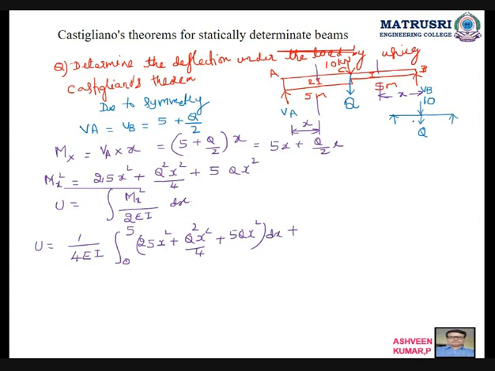Plus again, if I am coming from this side to this side, it is the same only, but I will be I only. So 1 by 2EI. Here also limits from 0 to 5. 25 x square plus Q square x square by 4 plus 5Q x square into dx.